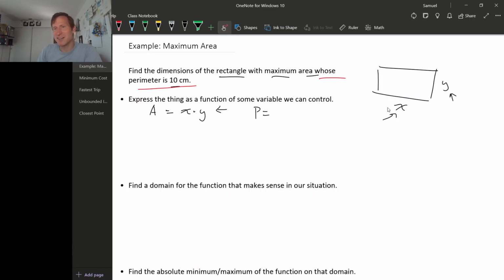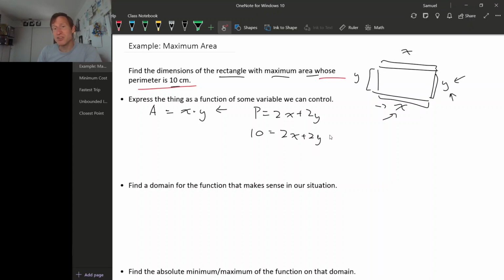Well, if the rectangle has width x and height y, then the perimeter is twice x plus twice y, because there's x here, and there's also x across the top, and then there's y on that side, but also y on this side over here. So 2x plus 2y. But the perimeter has to be 10 centimeters, so 10 equals 2x plus 2y.